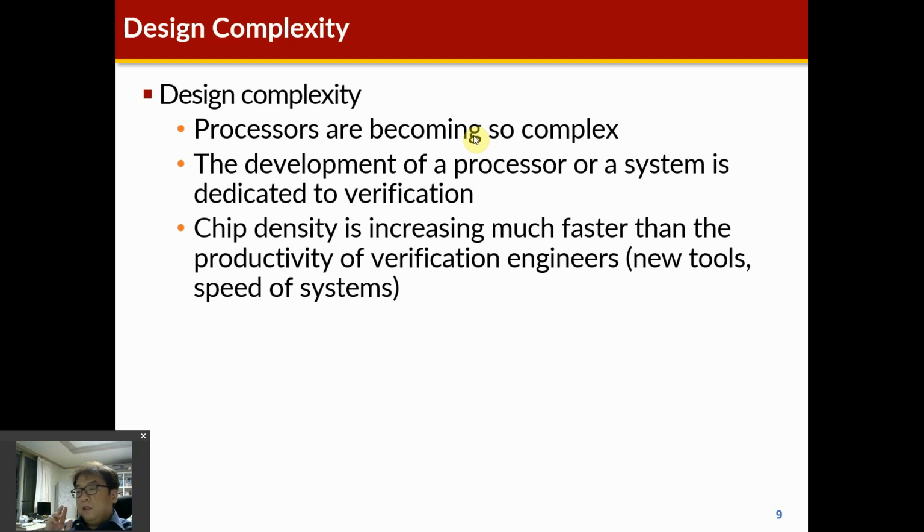That means the cost of chip manufacturing also increases rapidly, exponentially. So nowadays the chip manufacturing cost is very high, and only big companies like Intel or Samsung can survive in the semiconductor industry. That is because of the complex design issue.